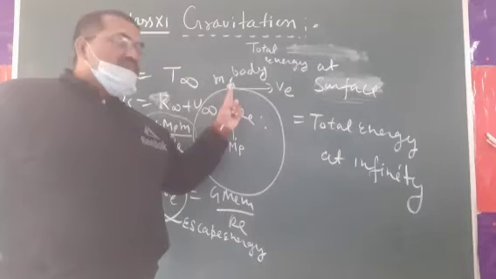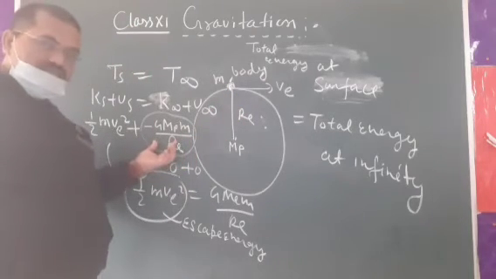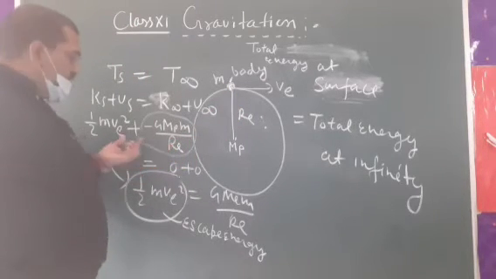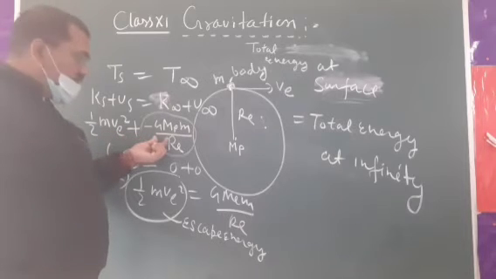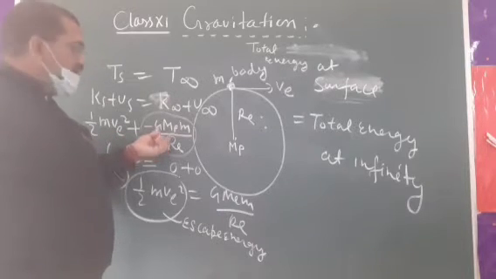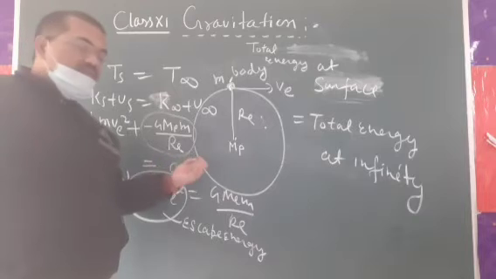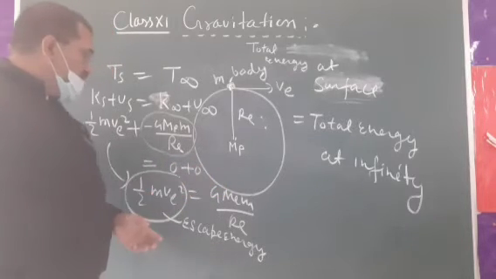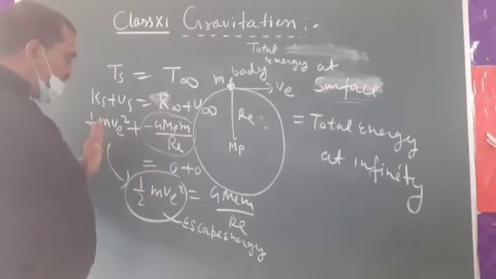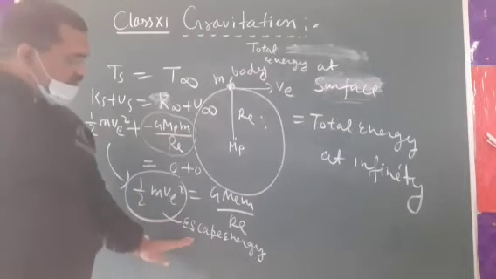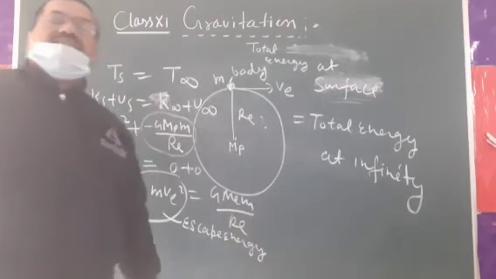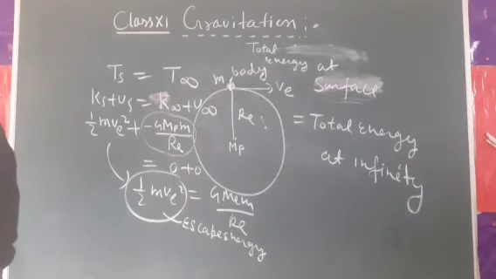Total energy at the surface, this one, and this energy will be added to it, and the sum must be 0 because at infinity total energy will be 0. So this much energy required is called the escape energy of the body. Clear? Write it down.